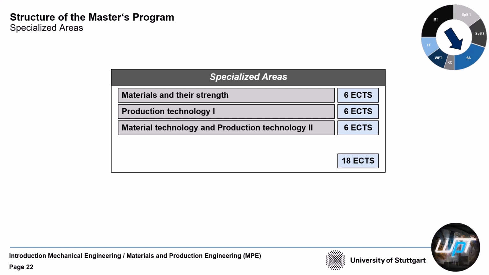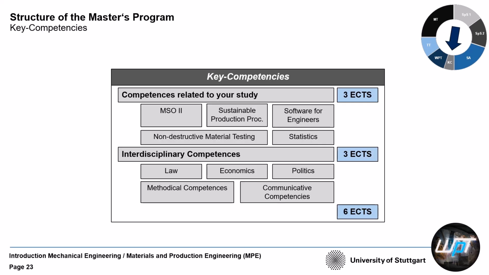Each gives 6 ECTS in the master program, and this is an overview of the key competencies related to your study or some interdisciplinary competencies. Just to have a look around or look ahead in the field of law, economics, or politics. So at the end, you need an additional 6 ECTS, which are normally linked with a lecture in that field.